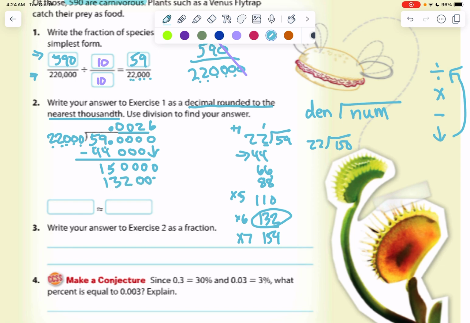Plus the zeros, 3 of them, right? Subtract. 0, 0, 0, 4, 1, 8, 8,000. What are we rounding to? To the nearest thousandth. So that's tenths, hundredths, thousandths.